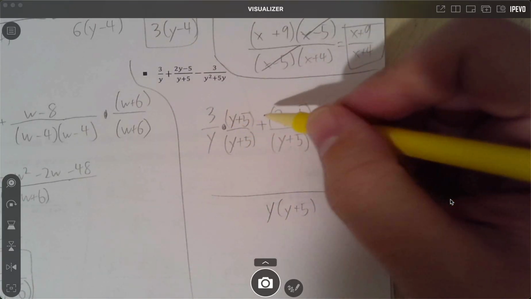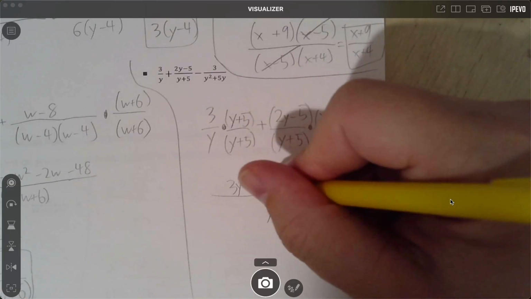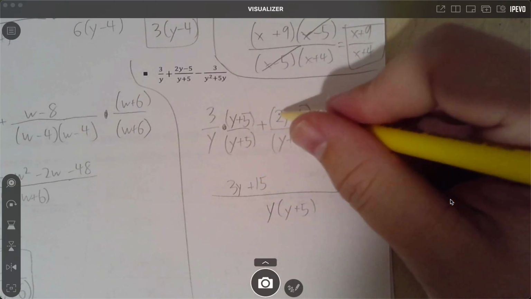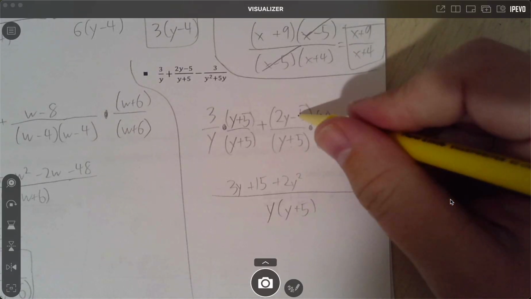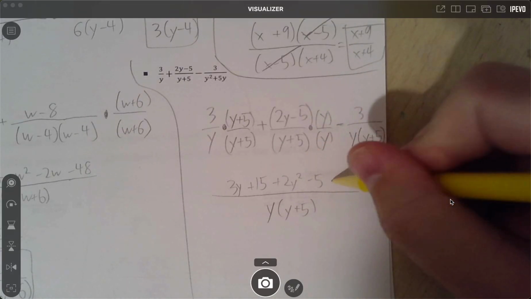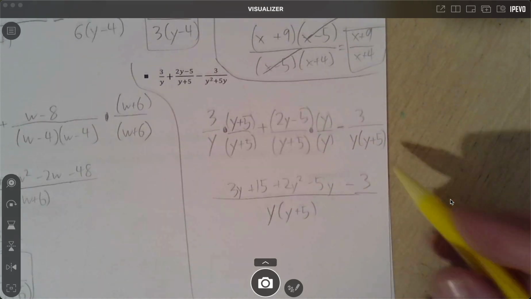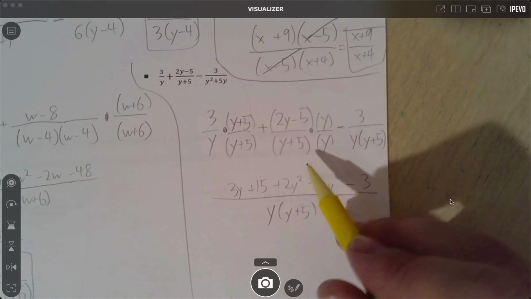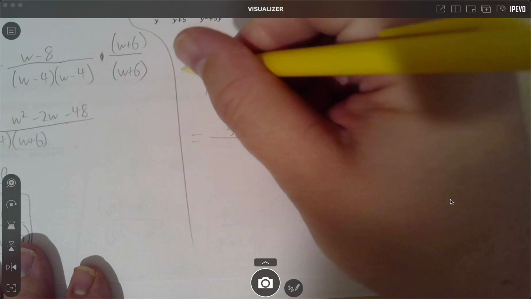But now let's work on my numerators. 3 times y is 3y. 3 times 5 is 15. 2y times y is 2y squared. Negative 5 times y is negative 5y. And a negative entirely 3 at the end. Now, if there were more terms, again, make sure you distribute that negative throughout. But let's see what's next.